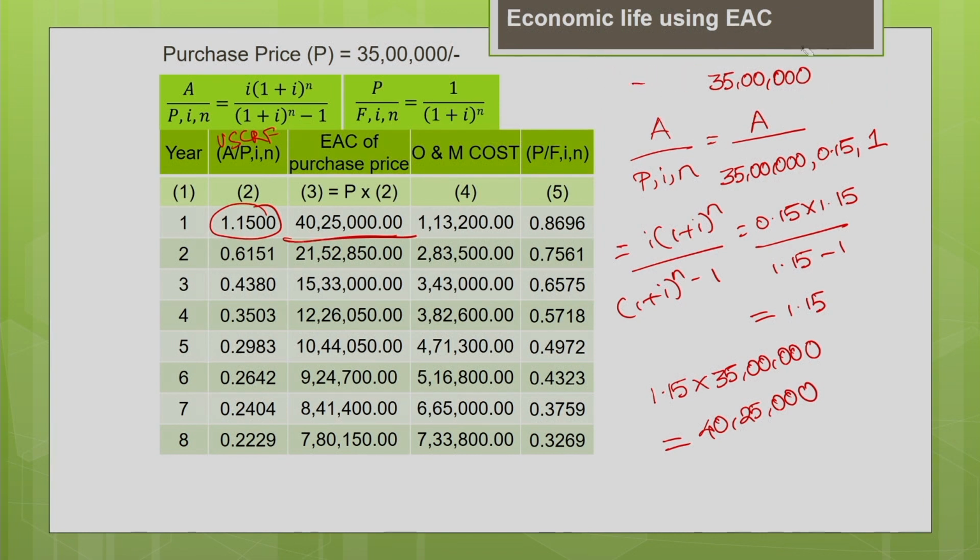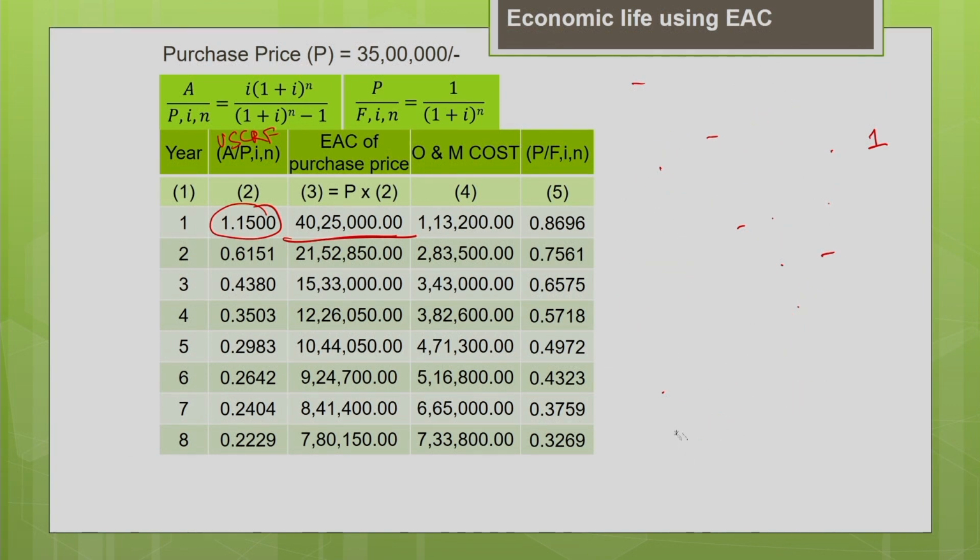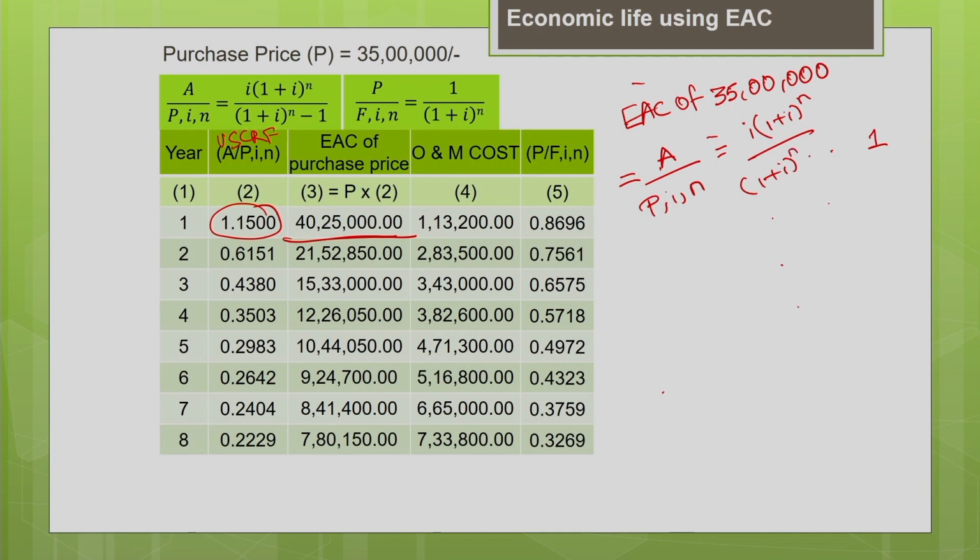Similarly, you have to estimate it for all the years. Now we are going to find the equivalent annual cost for year 2 of 35 lakh. How to do that? Basically we are going to find A for the given P, I, N. So, what is the capital recovery factor? I into (1 plus I) power n divided by (1 plus I) power n minus 1.